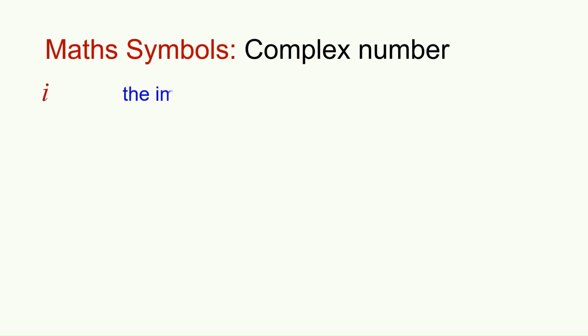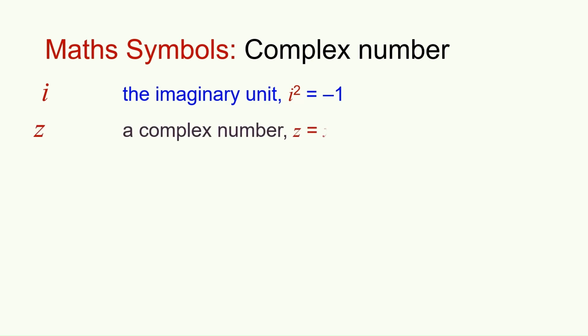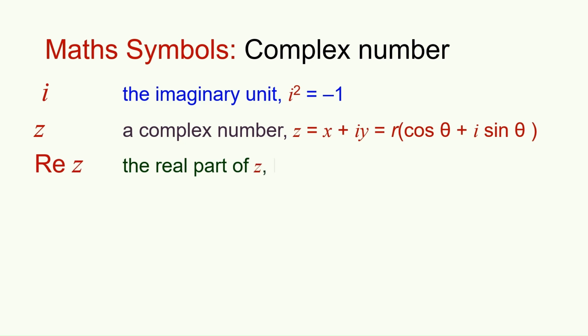Math symbols of the complex number. i: the imaginary unit, i squared equals minus 1. z: a complex number, z equals x plus iy equals r(cosine theta plus i sine theta). Re z: the real part of z, Re z equals x.